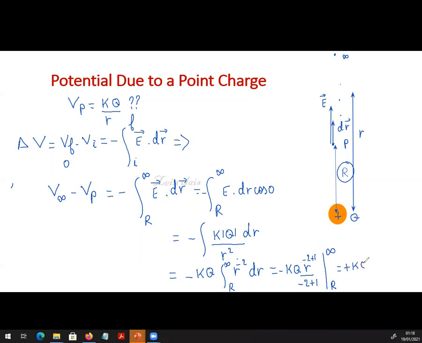K Q, here we have R to the power of minus 1, between R and infinity. Let me continue here.